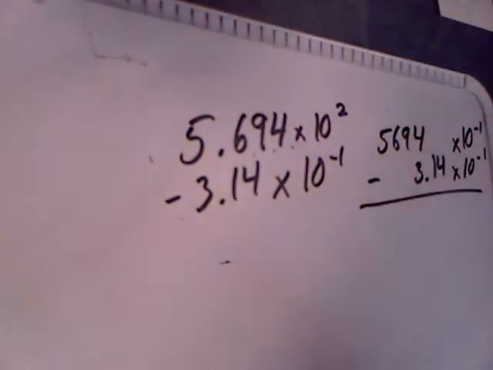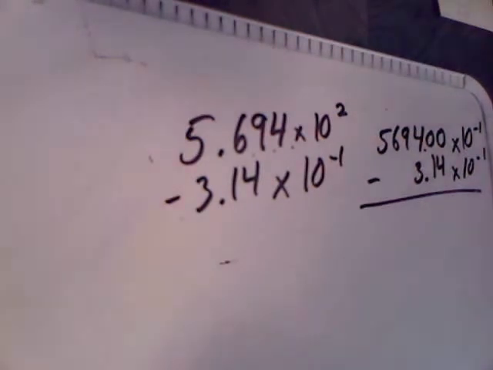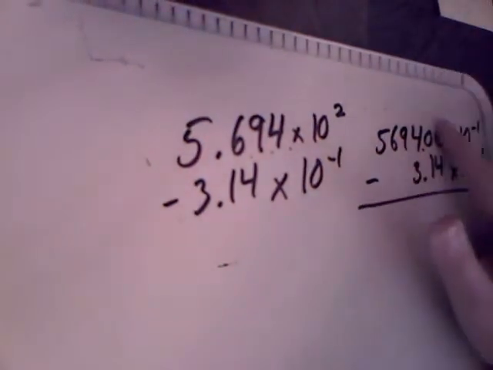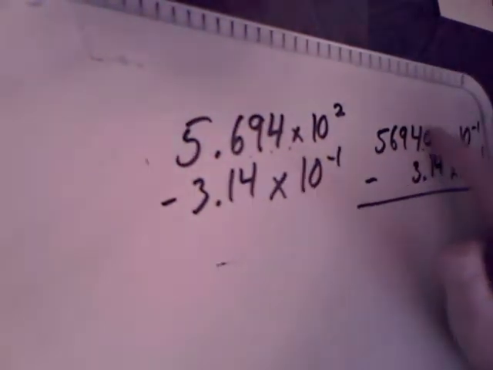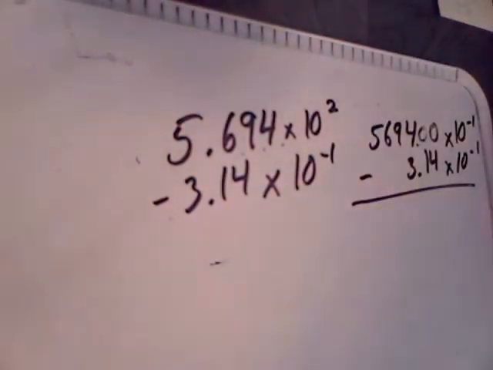Now, when I subtract these, it's very important to remember to put those invisible zeros into the equation. I know that you probably already know to do it, but just in case you happen to forget, those invisible zeros are very important.